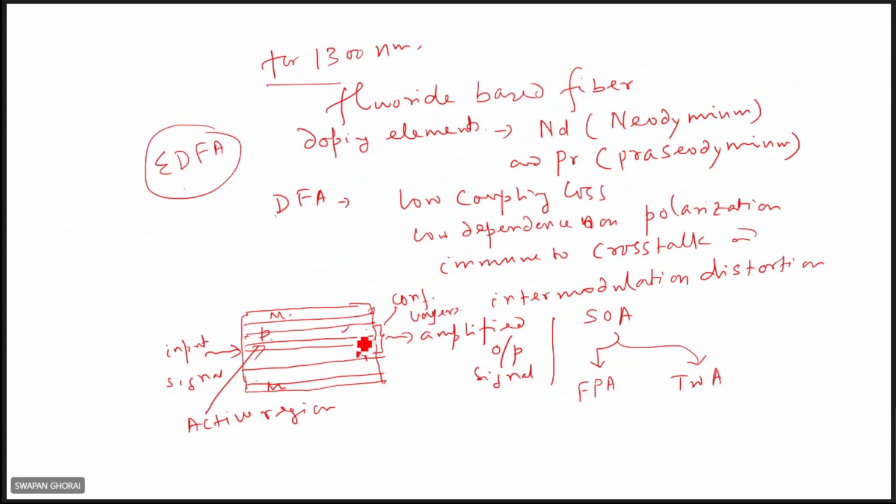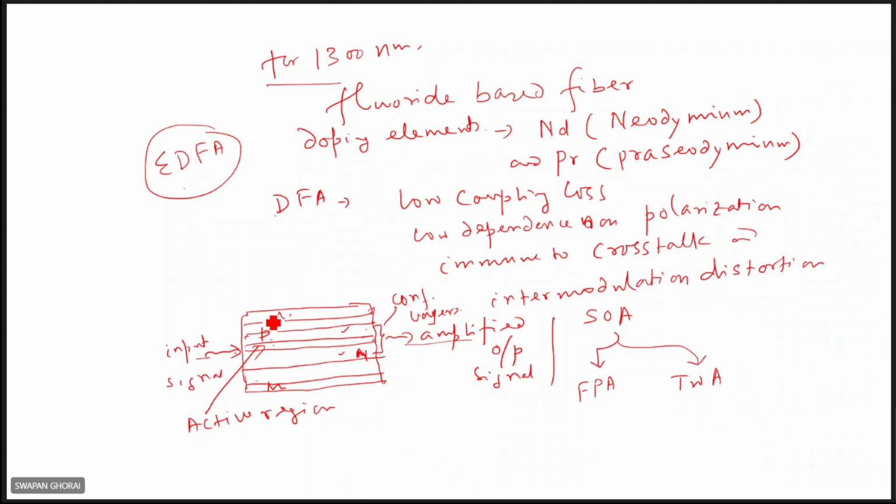This is a confinement layer, this is another confinement layer, and in between there is an active region. In the active region, stimulated emission takes place. This is the incident photons, and after stimulation, you get the amplified signal. That is the configuration of the semiconductor optical amplifier.